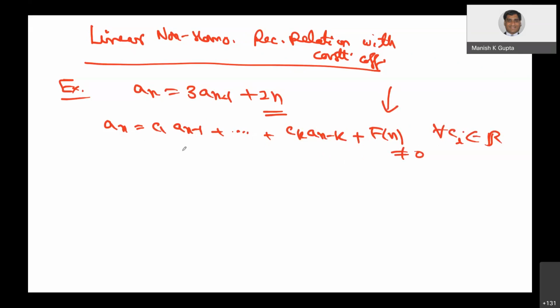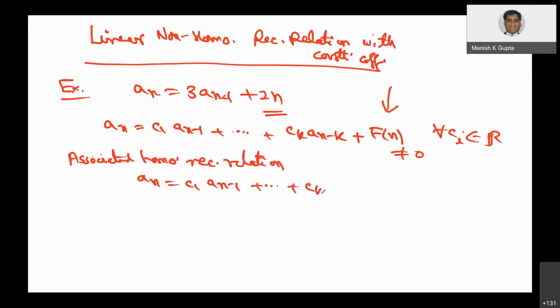For any non-homogeneous equation, we can get what is known as the associated homogeneous recurrence relation, of the form a_n is equal to c1 a_(n-1) plus dot dot dot plus ck a_(n-k). This is called a homogeneous equation.